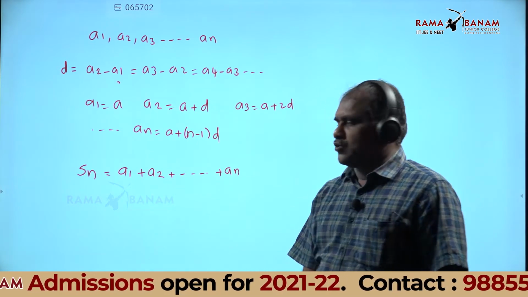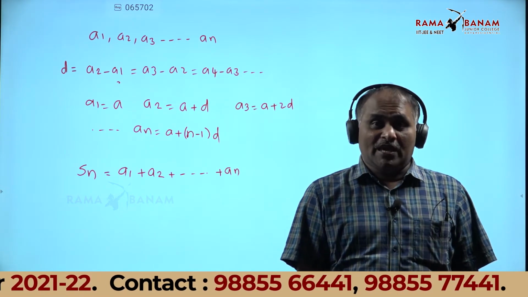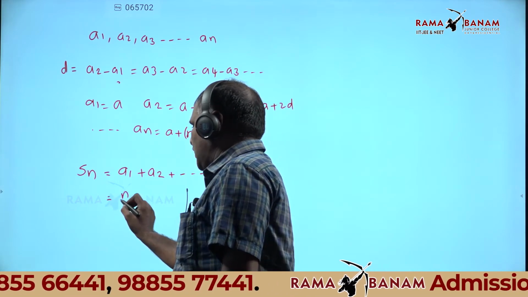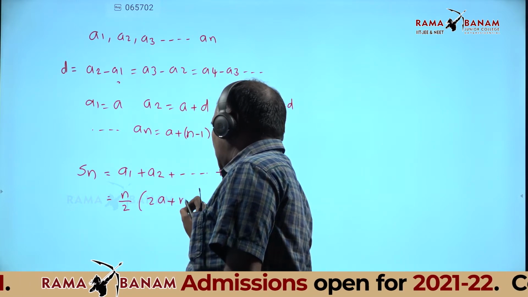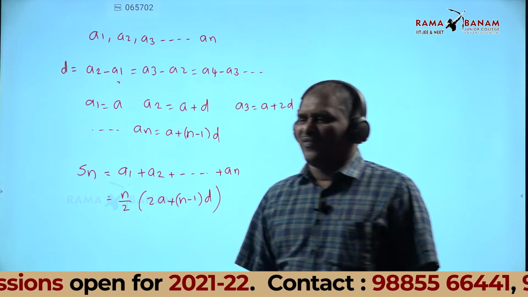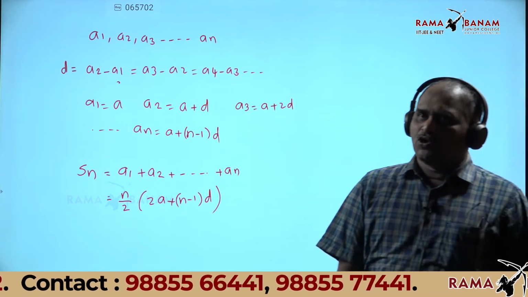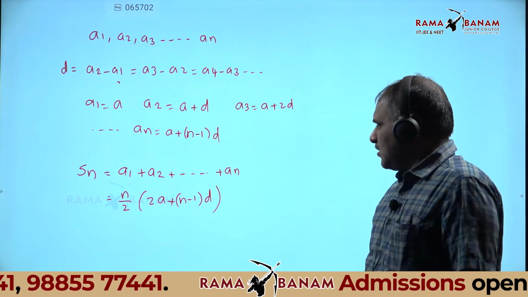Sn is equal to A1 plus A2, etc., plus An. What is the formula? It is n by 2 into 2A plus n minus 1 into D. That is the sum of n terms formula: n by 2 into 2A plus n minus 1 into D.